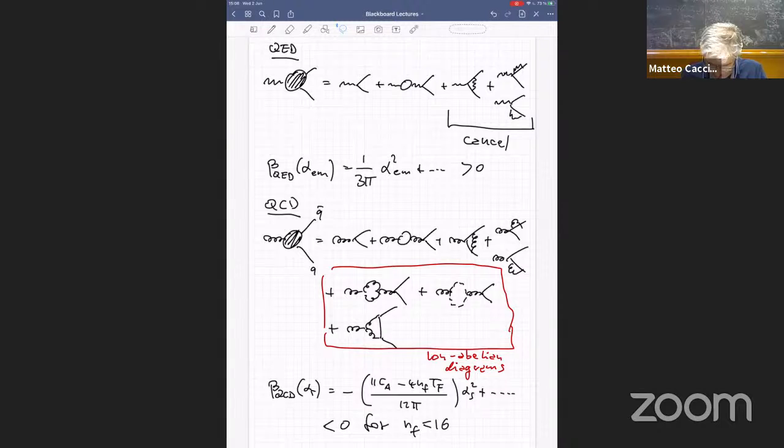I've only drawn the diagrams that contribute to this final state at this order. So for instance, this one. It's g squared though. It's one order higher.